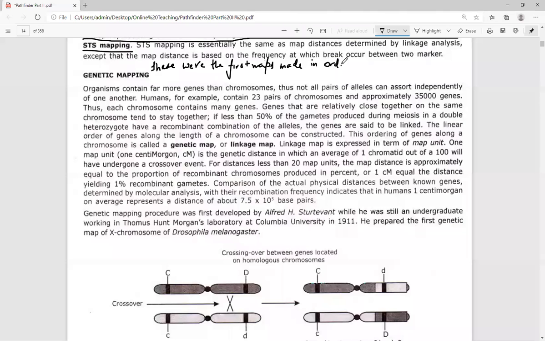These were the first maps made in order to determine the distance in between the genes.